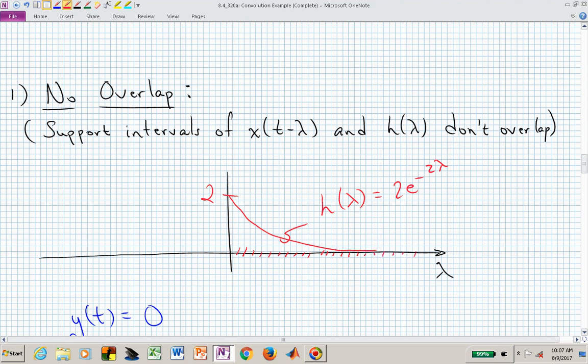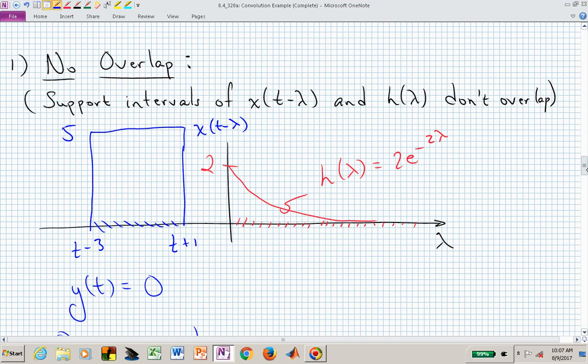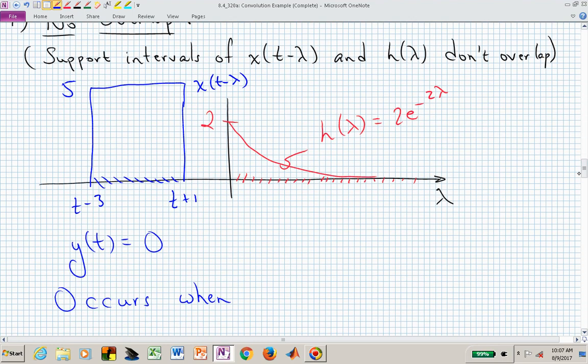But now we want to show that in the first case, for a particular set of values of t, this was now t plus 1 and this is t minus 3. Here is now the interval of support for x of t minus lambda. And we want to determine for what particular values of t this actually occurs.